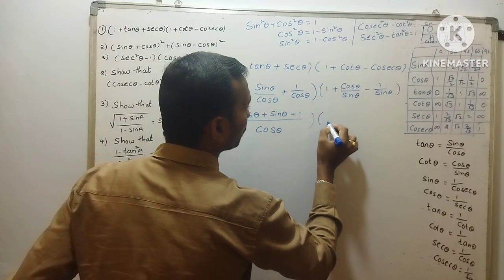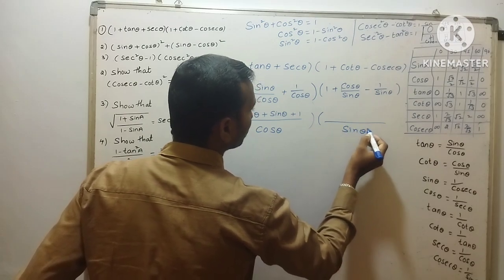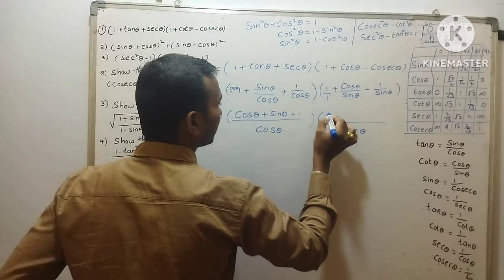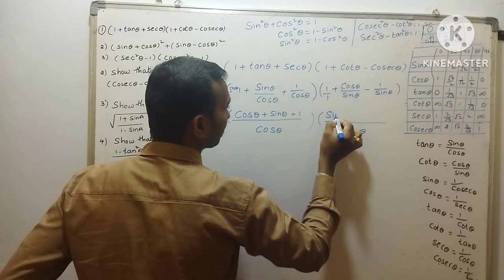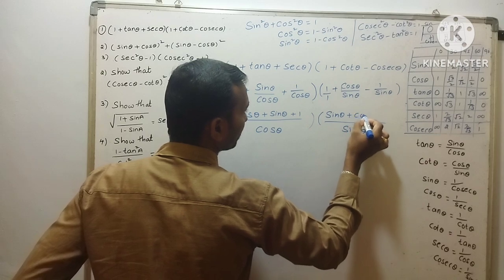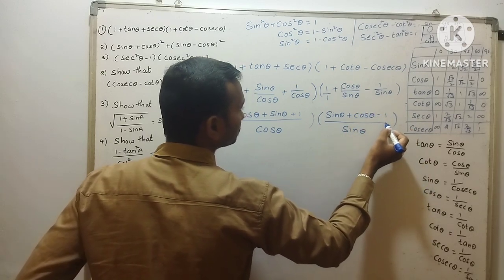Next here also we take the LCM, that is sin theta. Now multiply and divide with the sin, you will get sin theta plus cos theta minus 1.